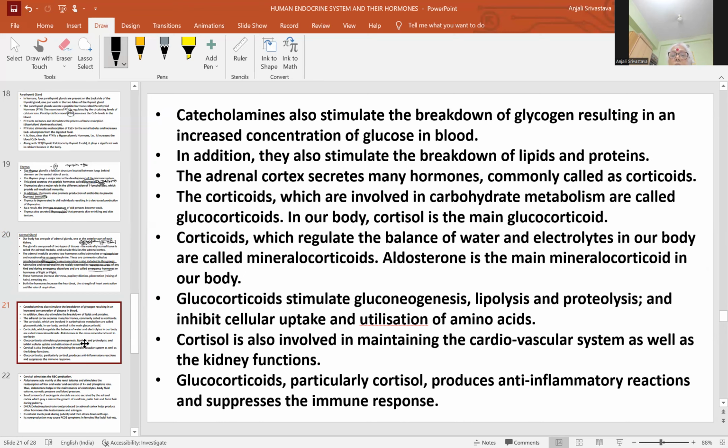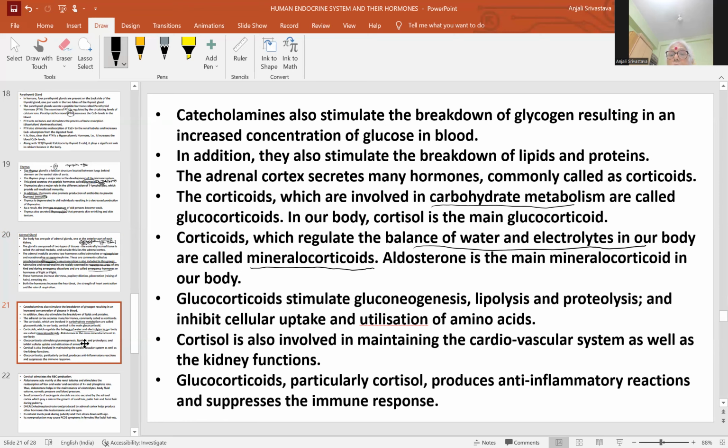Now the adrenal cortex secretes the group of hormones called corticoids, and these corticoids are again divided into two types. Glucocorticoids control the carbohydrate metabolism, whereas the mineralocorticoids regulate the balance of water and electrolytes in the body.